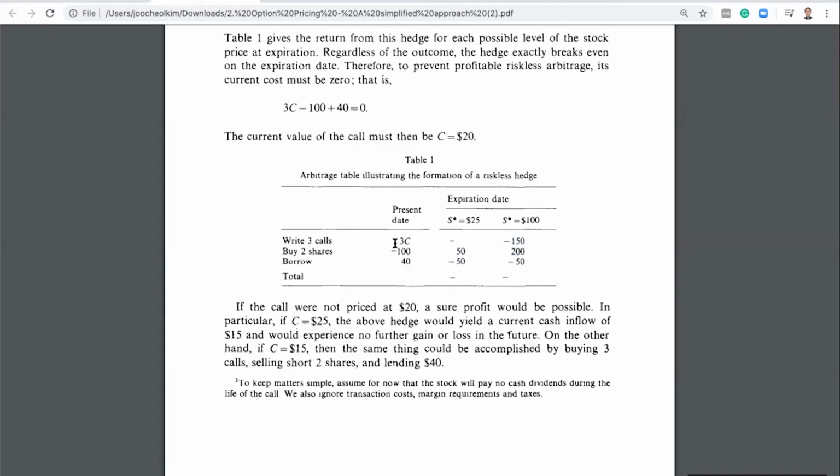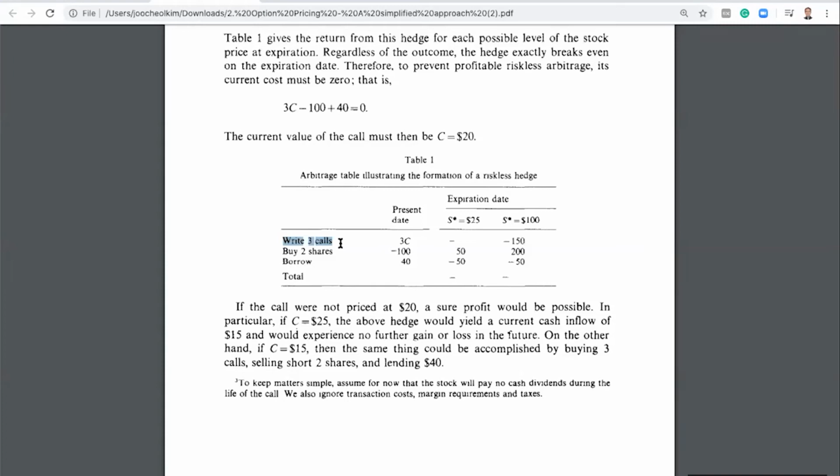So let's just look at the first one, the present value. Write 3 calls. The price of a call option, which is unknown right now, is just C. If I sell 1 call option, then I will get C dollars.